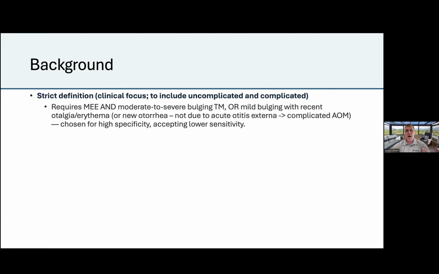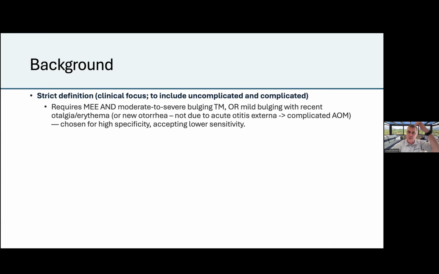The new guideline then also addressed recurrent acute otitis media. So why this strict definition? There was not a very strictly defined definition of acute otitis media in the 2004 guideline. And because of that, it included more otitis media with effusion and acute otitis media, which kind of blurred the results a little bit.